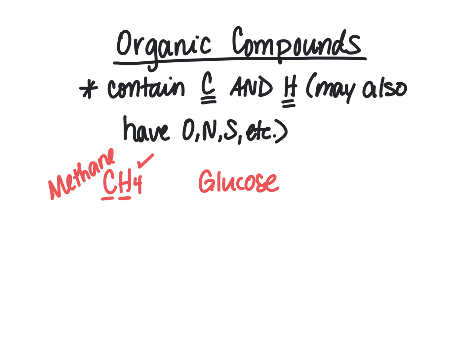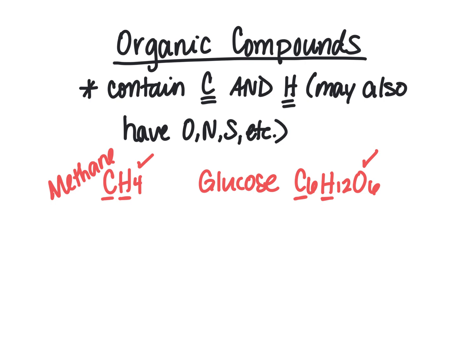Glucose, the molecular formula is C6H12O6. It contains carbon and hydrogen, therefore it is organic. Now, it also has oxygen in it, but that oxygen doesn't matter. All we care about is that carbon and hydrogen are present, therefore it is an organic compound.